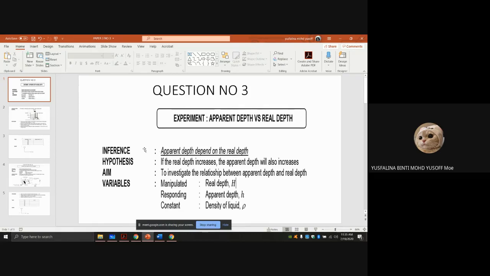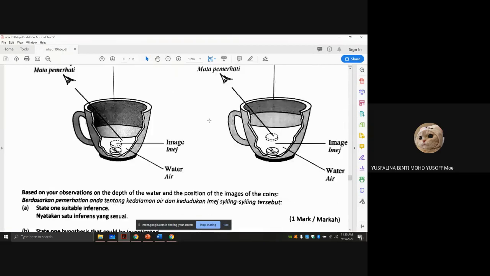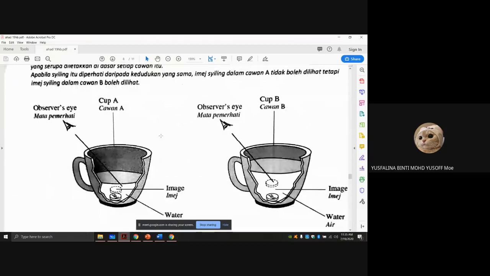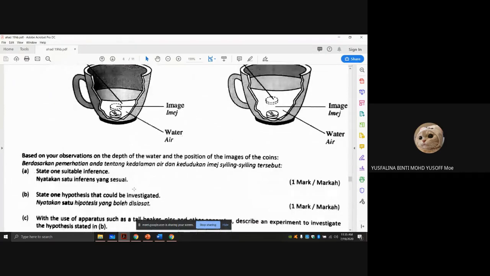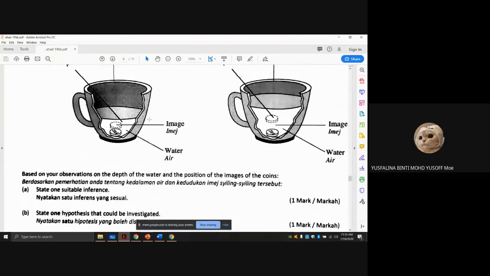This one, let's say the inference, some of you use the variable that they see in the diagram here. Yes, you can. For inference and hypothesis, you can use the variable that you see in the diagram.